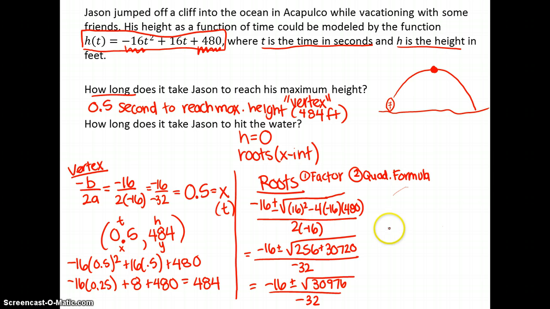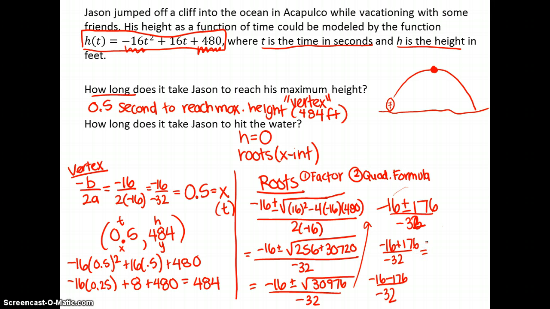And when we take that square root, it works out pretty nicely: negative 16 plus or minus 176 over negative 32. So our solutions, finding our roots, we have negative 16 plus 176 over negative 32, and negative 16 minus 176 over negative 32.